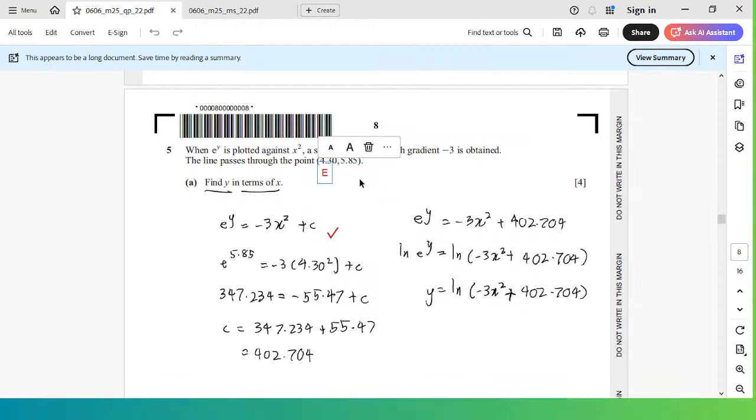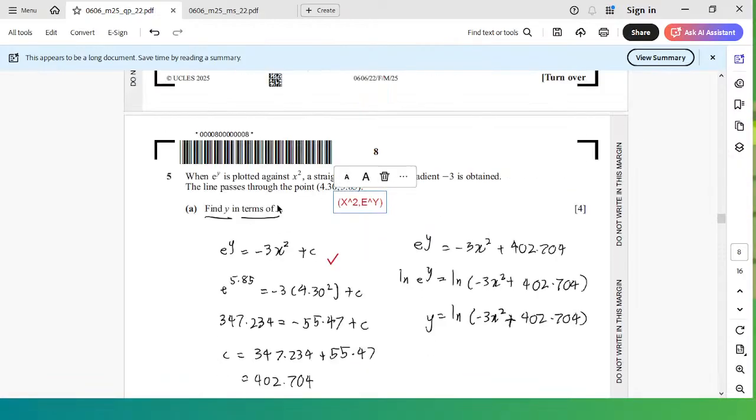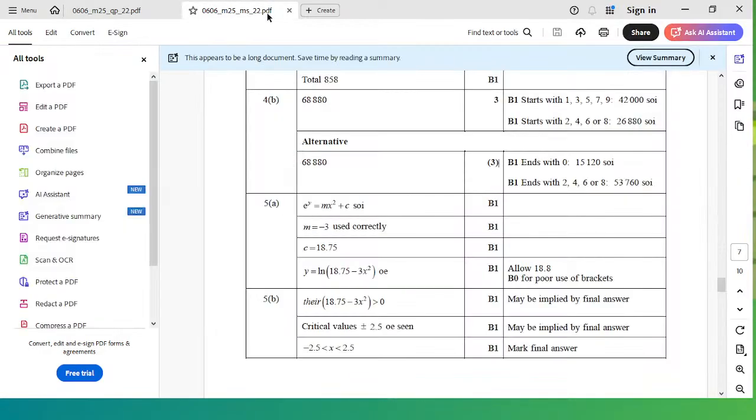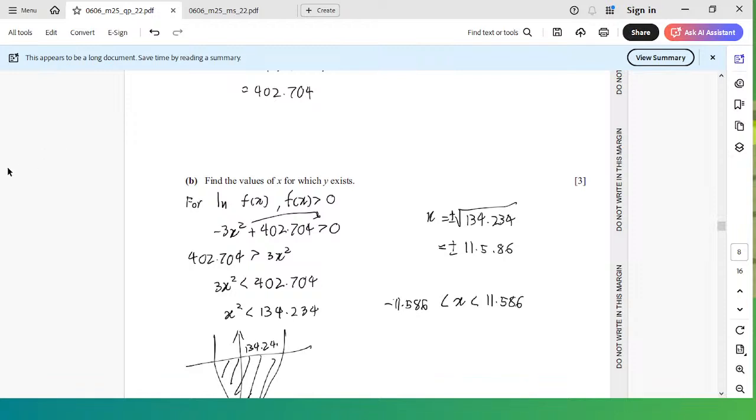This represented e to the power of y, and this represents, no wait. Okay, yeah, that makes sense. So this represented x squared, and this represents e to the power of y. Yeah, this is definitely a careless mistake on my end that will probably cost me the entire question paper. Let's just check. Yeah, those are B marks, B1 for critical values. That only gives me 2 marks from this question. Doesn't feel great.